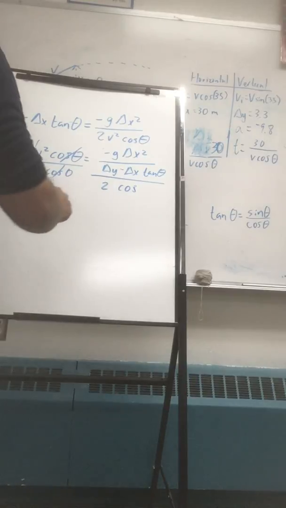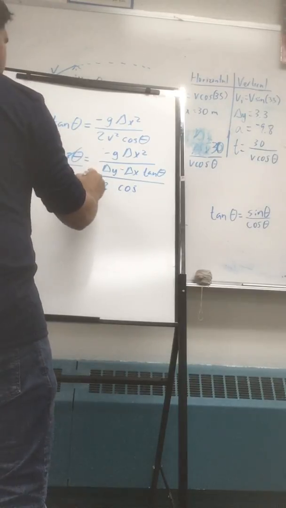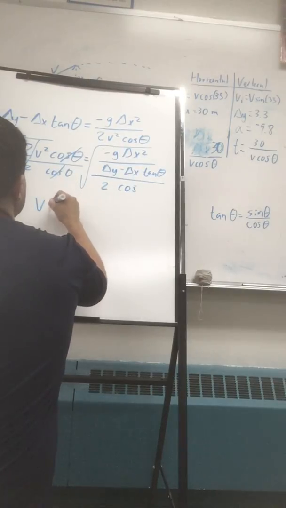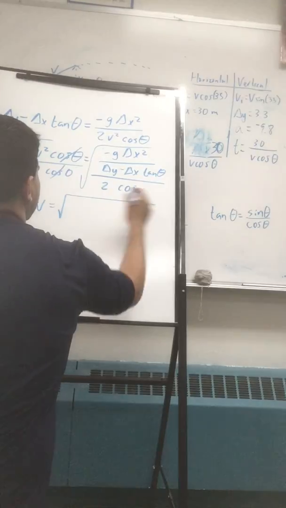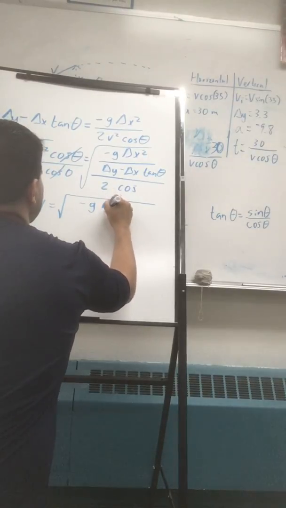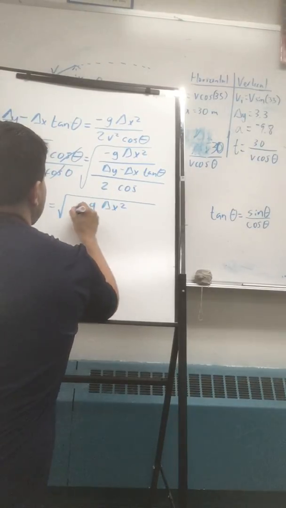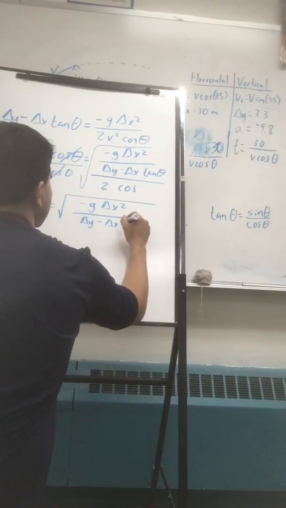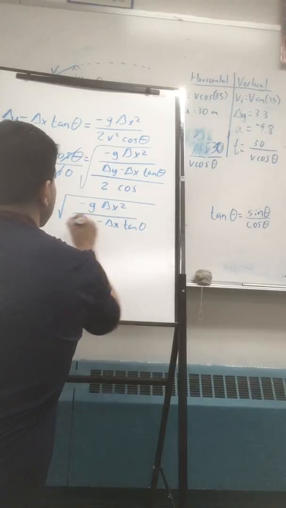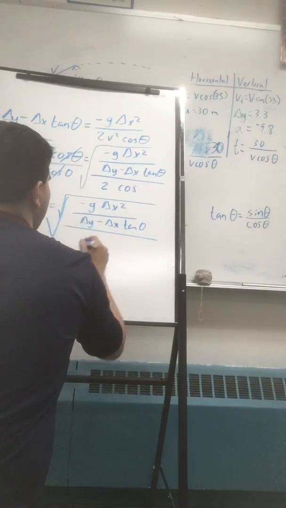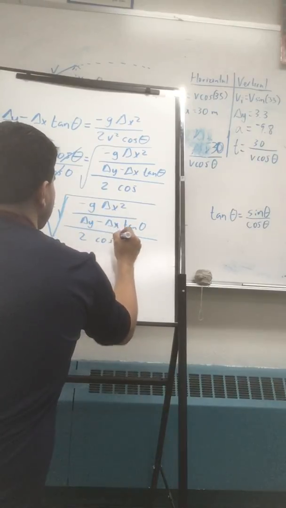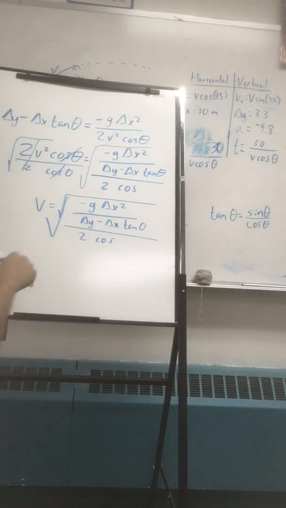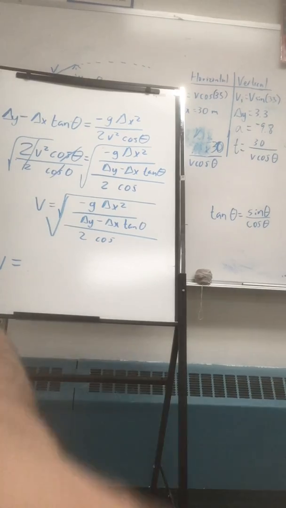So I take the square root over here, take the square root over there, becomes v equals the square root of negative g change of x squared over change of y minus change of x times tangent of theta, all over 2 cosine of the angle. I can simplify that further. Here's the key, guys, right here.